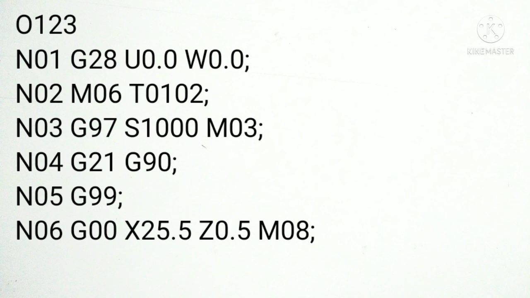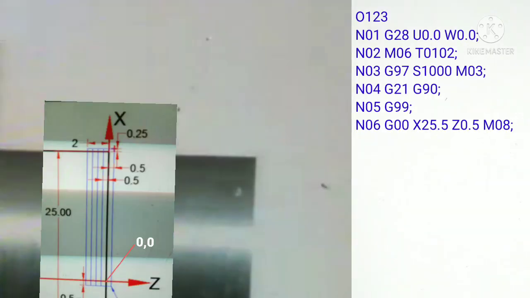Now we will see once again the program up to which we have written. Here we run the program and at the same time we will try to understand the rest of the program with the simulation.